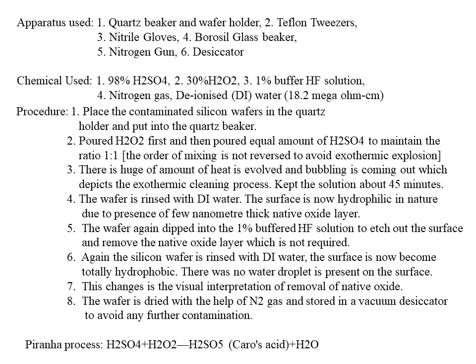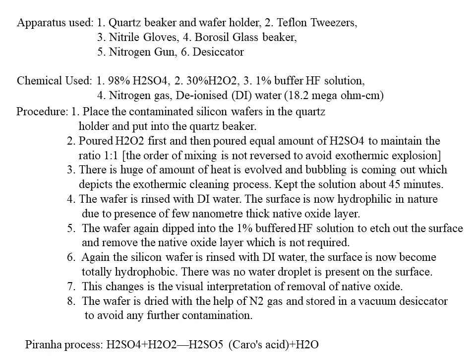So just concentrate on what is going on in this process. First we hold the silicon wafer using the holder in the quartz beaker, and then pour H2O2, that is hydrogen peroxide, into the quartz beaker in a particular amount, and after that pour H2SO4, that is sulfuric acid, over that H2O2 in the same amount as you already poured of H2O2, to maintain the 1:1 ratio.